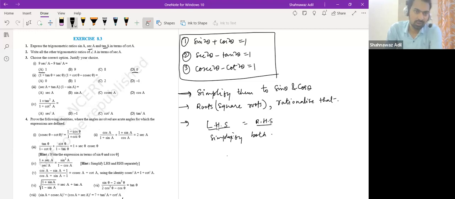So we did this problem, right? This is the third one, fourth one.